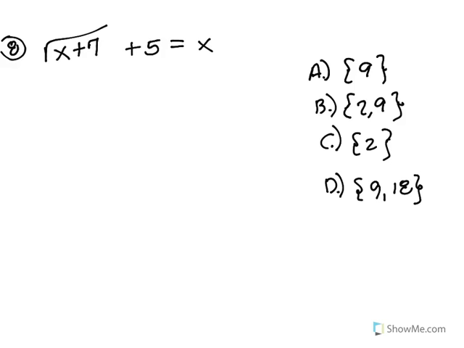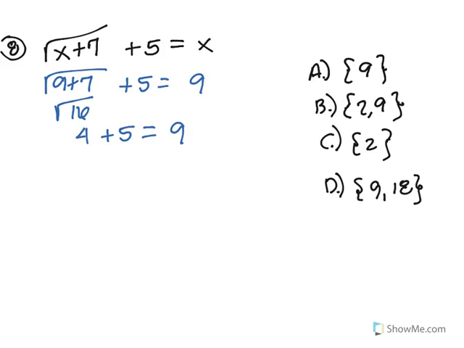Plug it in. See what 9 would give you. Okay? So if you plug 9 in both places for x, 9 plus 7 would give us 16 under the square root. And so the square root of 16 is 4. Is 4 plus 5 9? Yes. So this checks. So 9 works, all right?